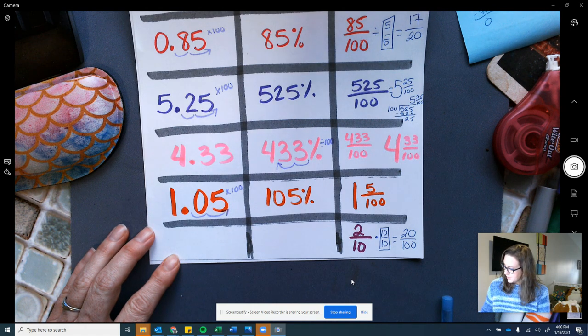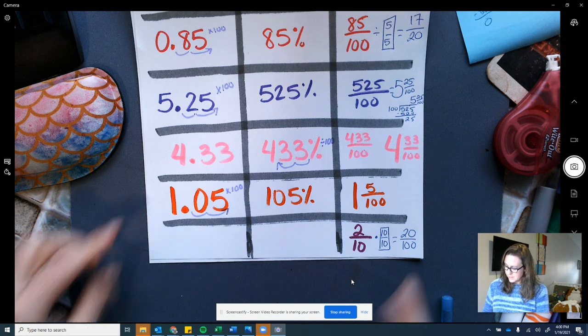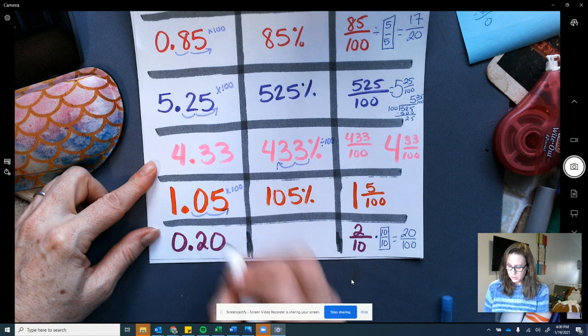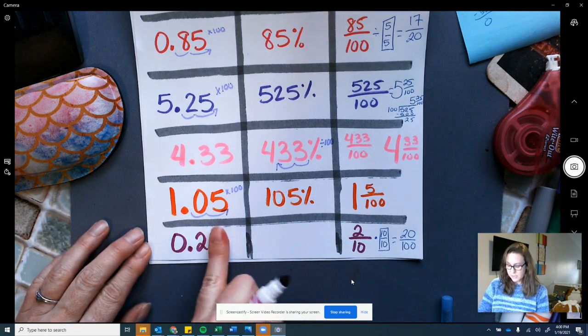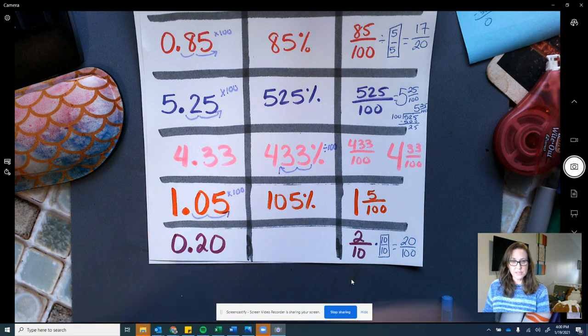Okay, now that we have 20 100ths here, now we can do these pieces. So 20 100ths as a decimal is 0.20. We could just write it as 2 tenths because the 0 is meaningless when it's at the very end.